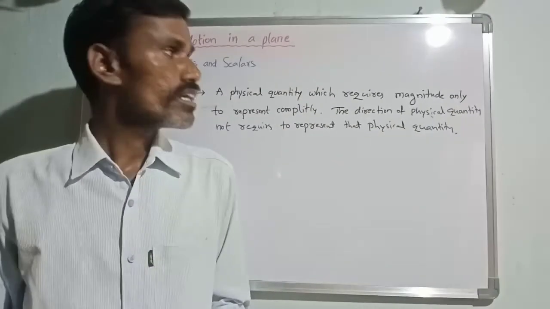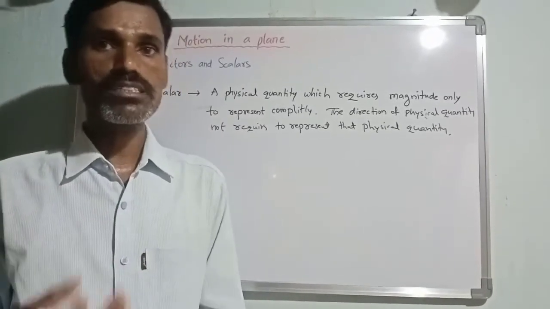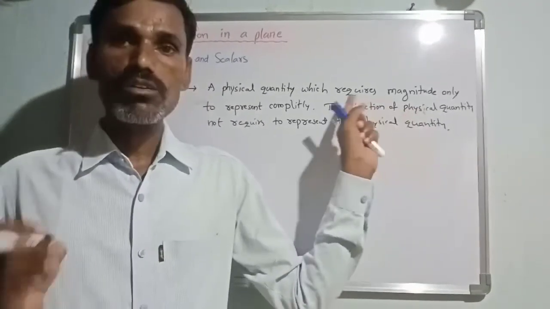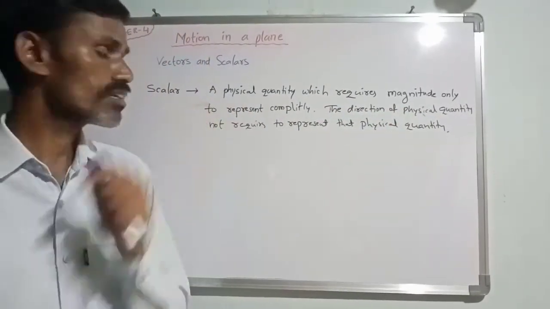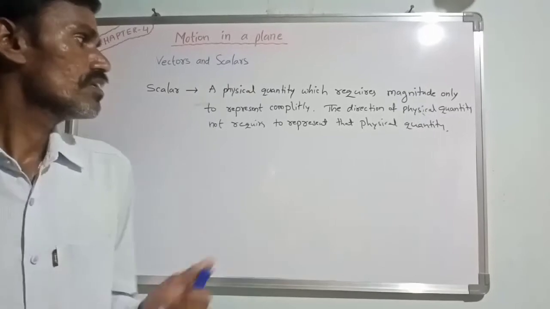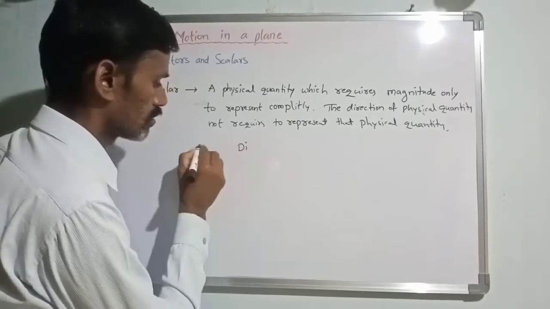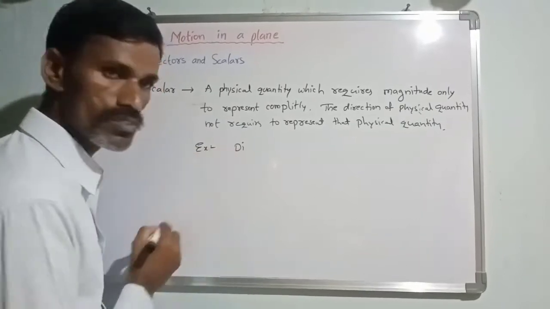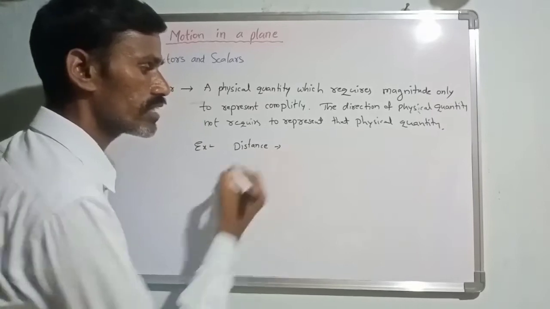If a physical quantity has direction, but to represent that physical quantity we don't use the direction, then those physical quantities are scalars. For example, distance is one example.